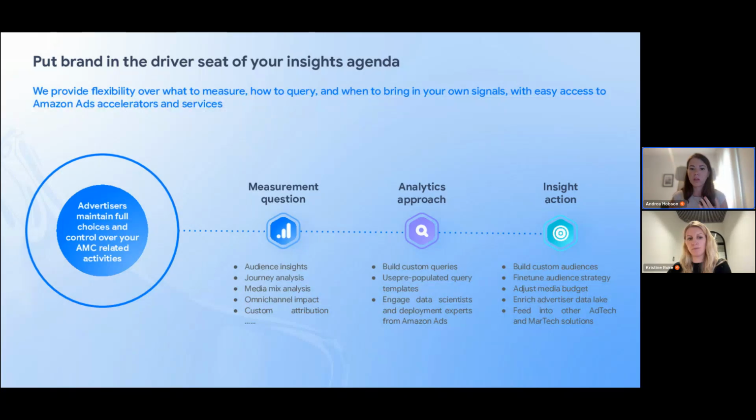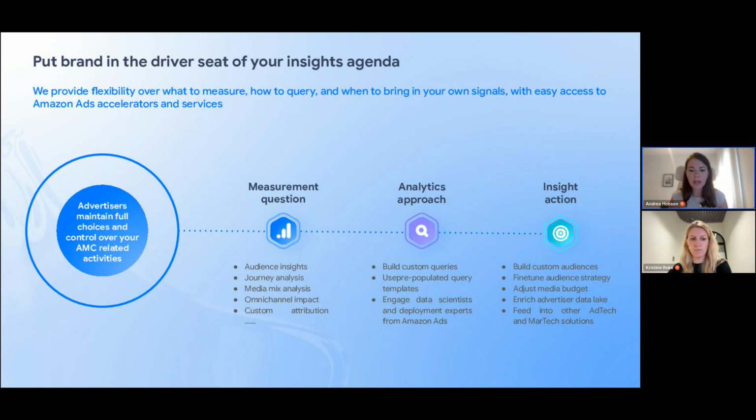You can build custom audiences, fine tune those audience strategies, adjust media budgets dynamically depending on the insights and the outputs of those analyses, and you can enrich your data lake or feed insights into other solutions as well.